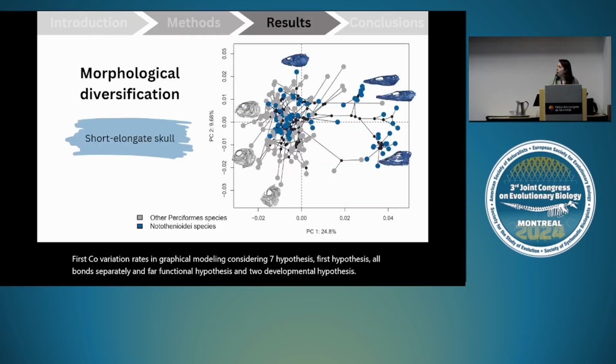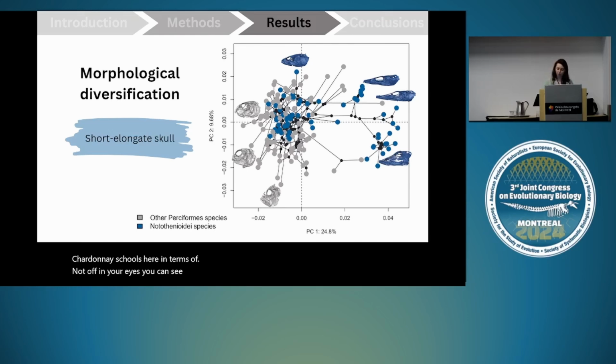After this, our first result relates to morphological diversification. We can see this huge pattern, as you can see in other groups, with the most elongated skulls versus shortened skulls. Here, in terms of notothenioids, you can see a high disparity in this group, especially in this PC1.